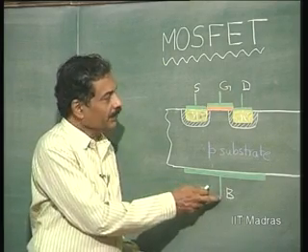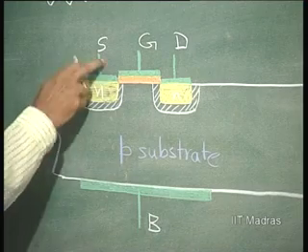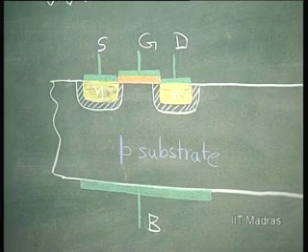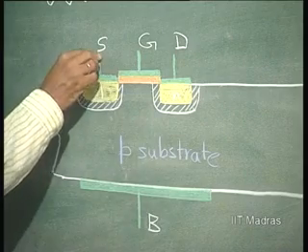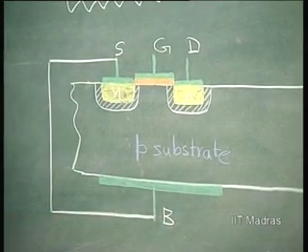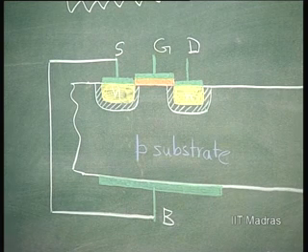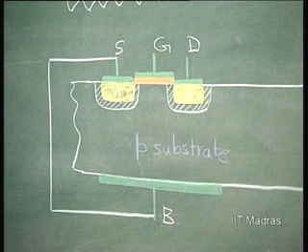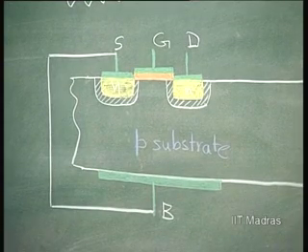So, the body and the source have to be reverse biased. The best way of reverse biasing, of course, is to connect zero bias, which does not need any source. Any other biasing will require a voltage source.